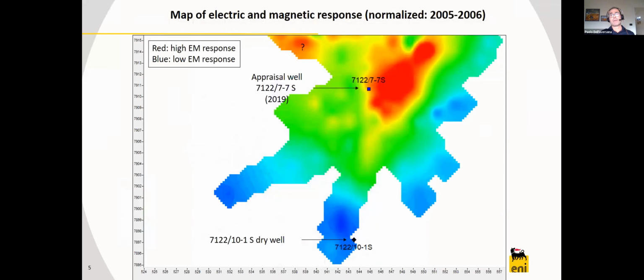And this map of ours is very important because it is the normalized electric and magnetic response in the same area.